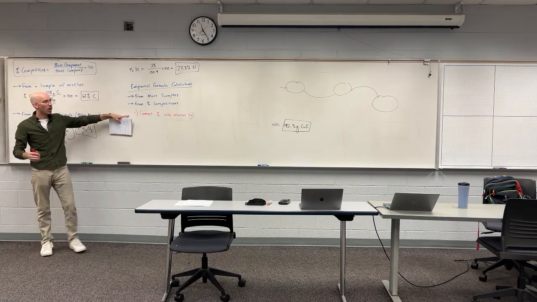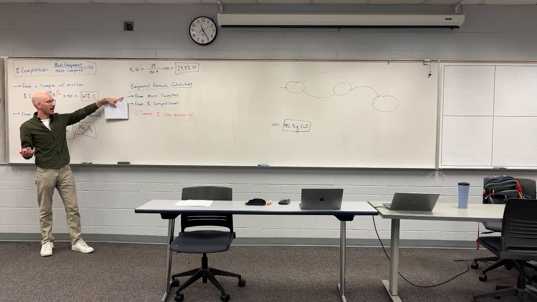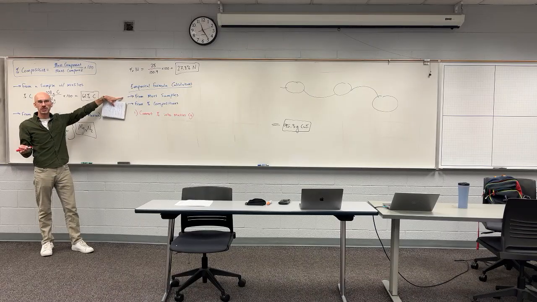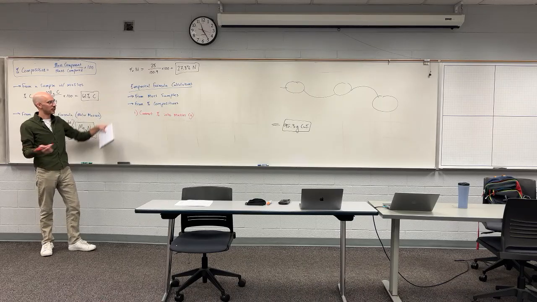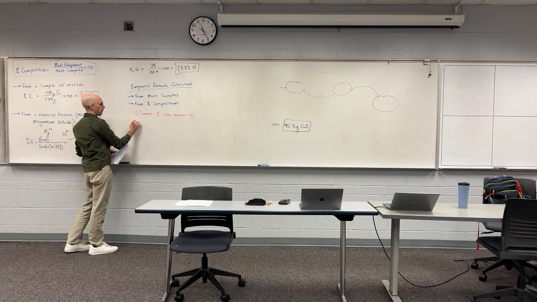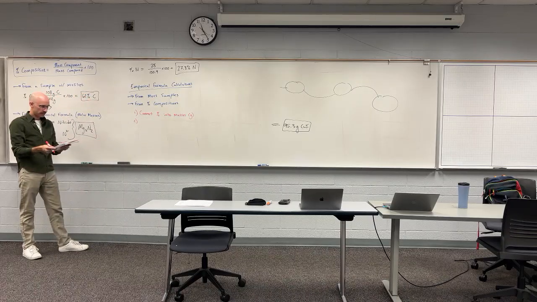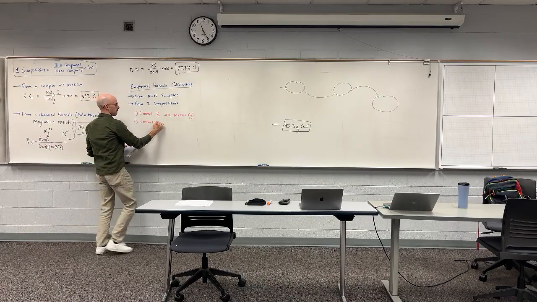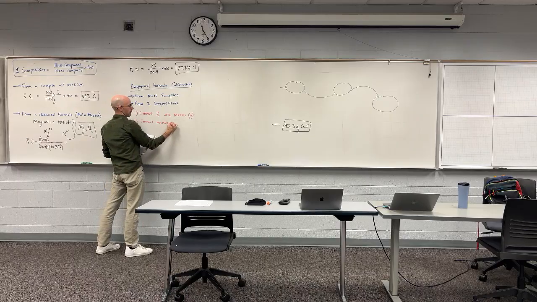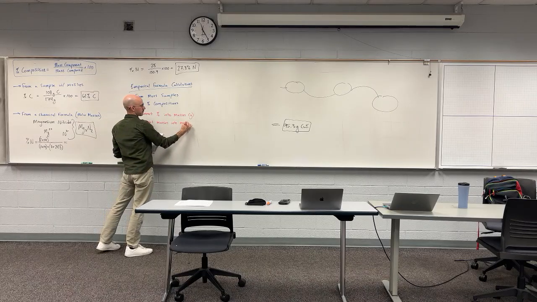You'll notice that step 1 doesn't apply if you aren't given percentages. It only applies if you're given percentages. If you're given masses directly, skip step 1. Step 2, convert those masses into moles.